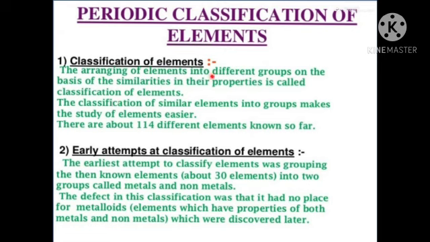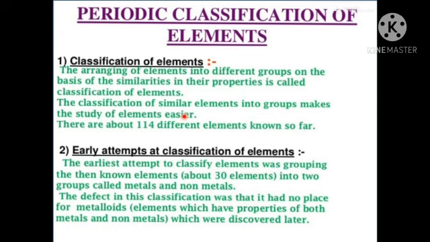That means we will arrange the elements into groups, maybe subgroups, on the basis of similarities in properties. The classification of similar elements into groups makes the study of elements easier. A question may be there: why is there a need to classify the elements? Because classification makes our study easier.